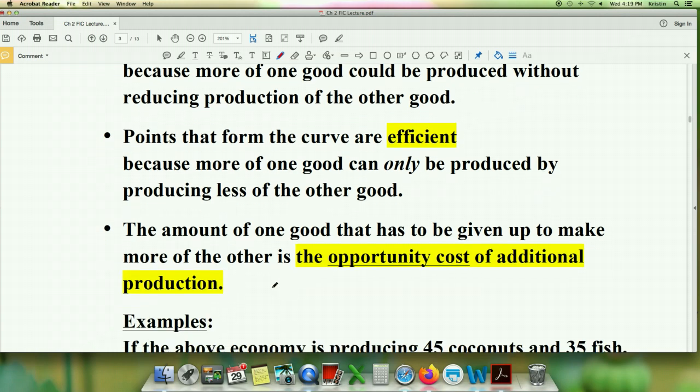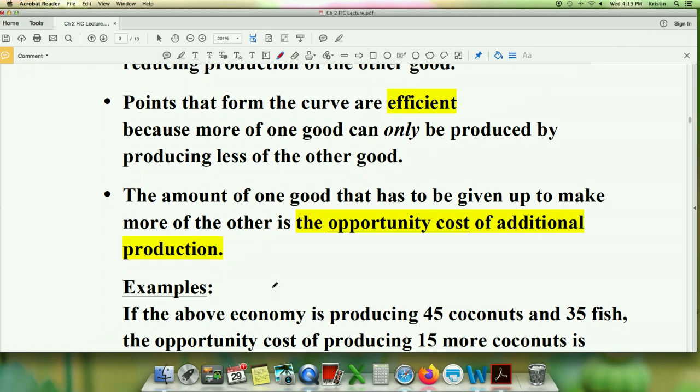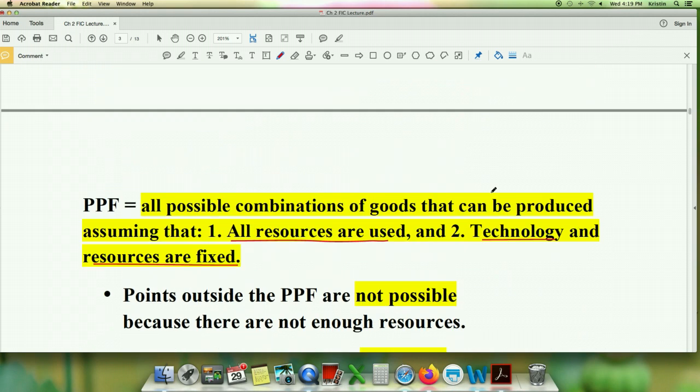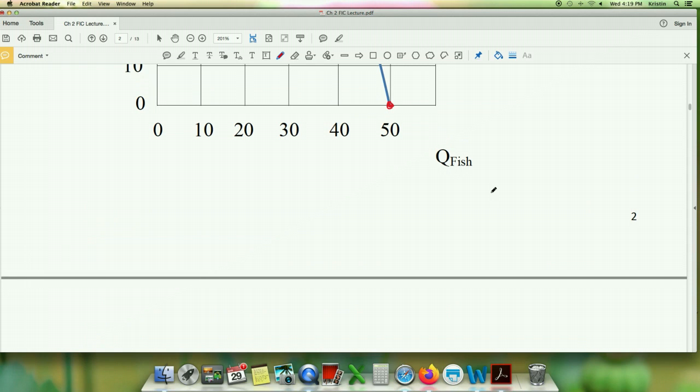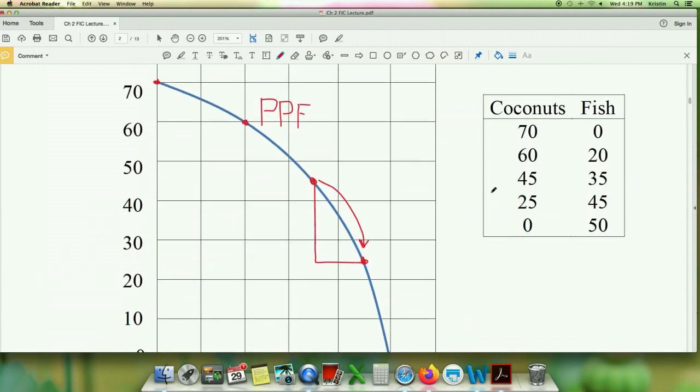Okay, so now we're going to do a couple calculations of opportunity costs. So first, if the above economy is producing 45 coconuts and 35 fish, the opportunity cost of producing 15 more coconuts is, okay, so let's go back to the table. Good.